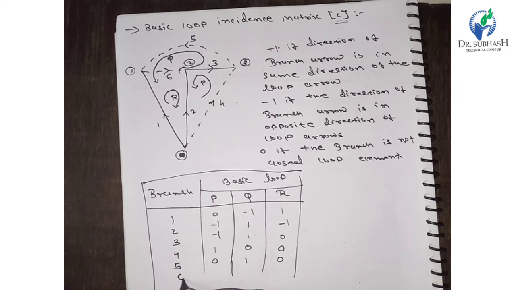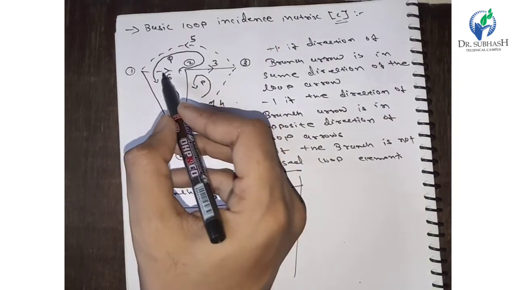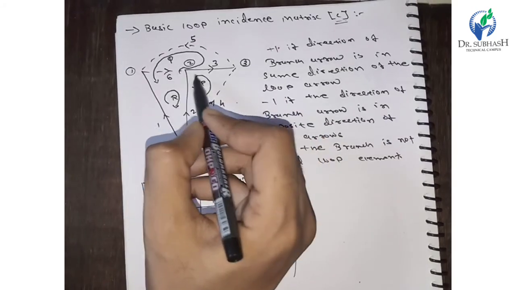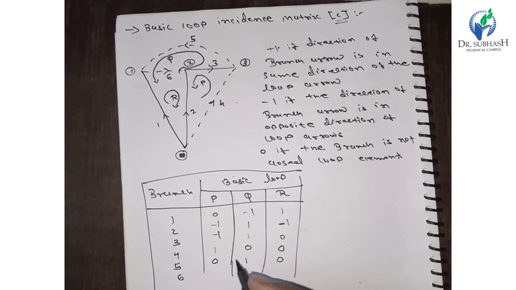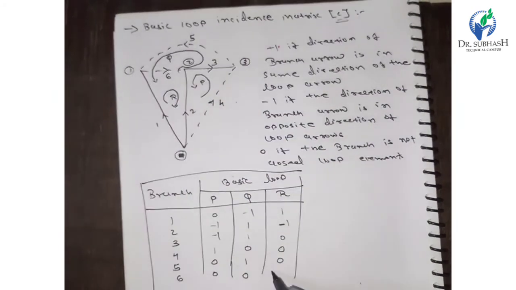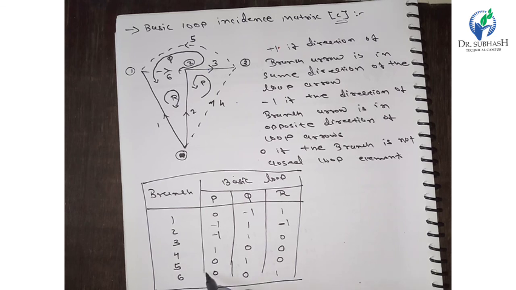In branch 6, loop P is not connected with them, so the output is 0. In basic loop Q, it is not connected, so the output is 0. In loop R, it is in the same direction with them, so the output is +1. So this table represents the branch versus basic loop table.